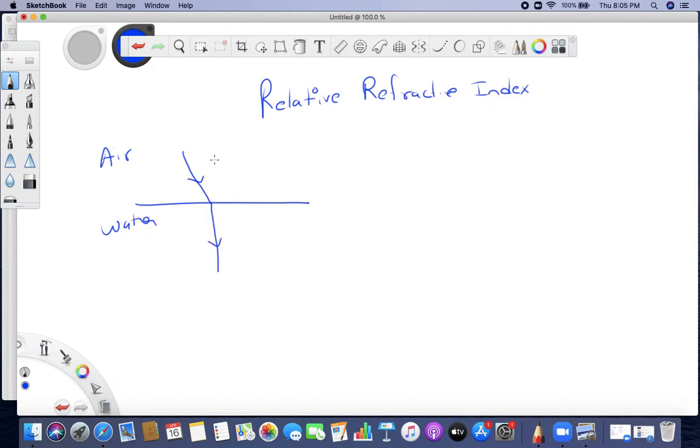Here the light has a velocity v1, and here the refractive index is n1, and here the refractive index is n2. But when you talk about relative refractive index, we call it n21.